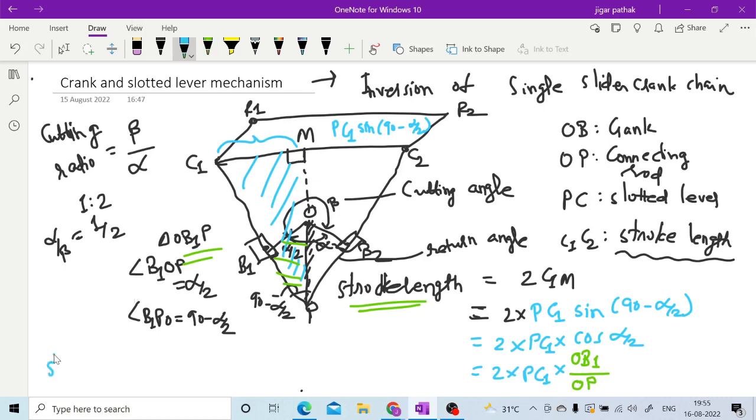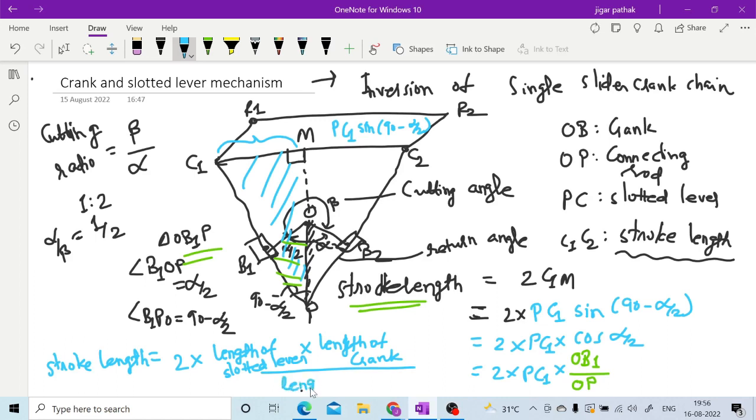Your stroke length is equal to 2 into PC1, which is the length of the slotted lever, into OB1, which is the length of the crank, and OP is the length of the connecting rod, so it will be in the denominator.